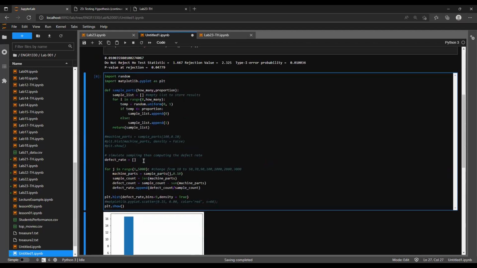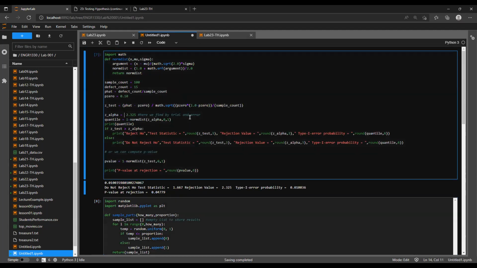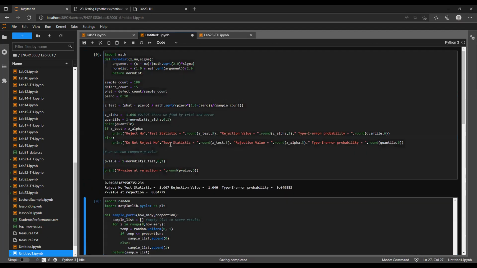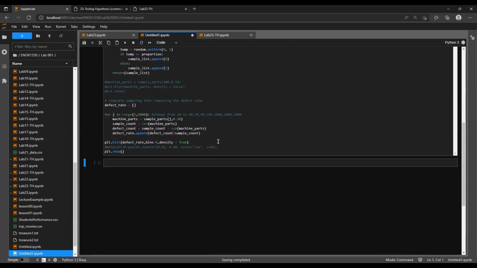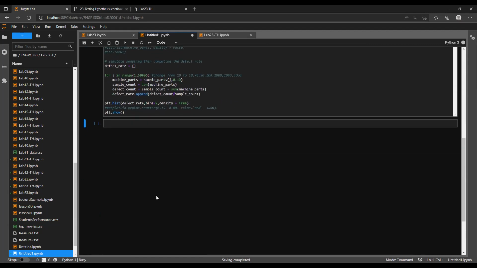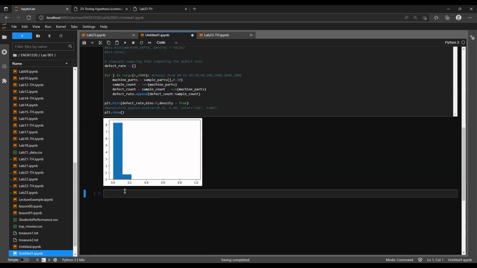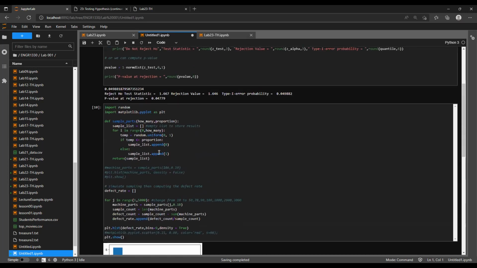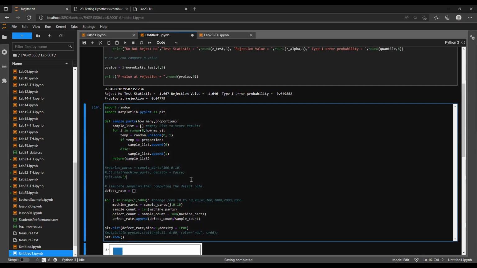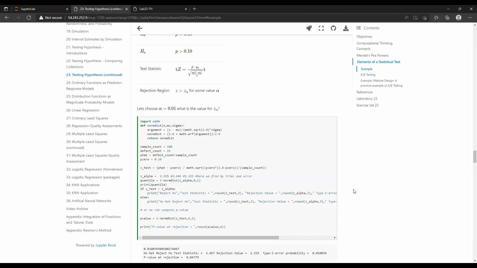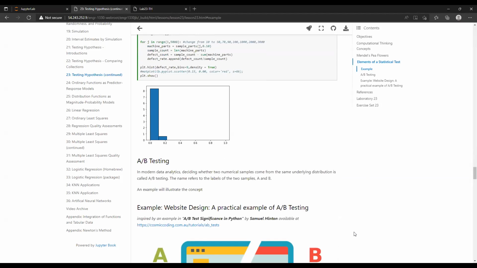But if we set it to, what was it? 1.6. We can see we have, or sorry, 0.16, more in that bin than is acceptable. Okay. So that's the quick little example of applying the process of our z-test.